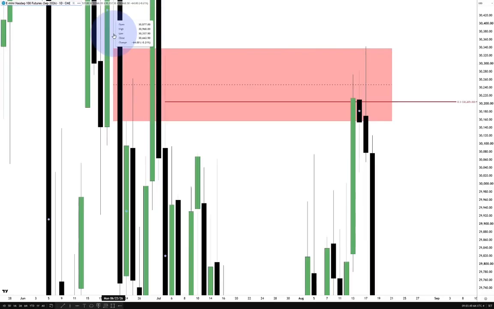So 337 half, and the high I think was in the 40s. Yeah, 343 even. So 5.5 handles, which is very small, thin margin for disparity between this specific candlestick's low, which is the high of this SIBI.